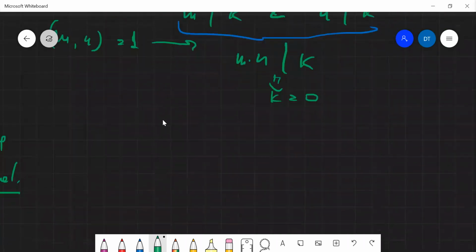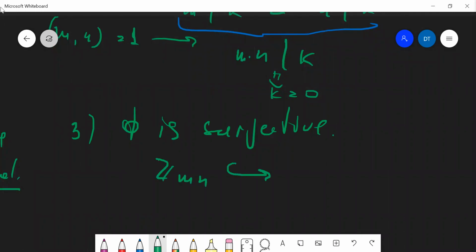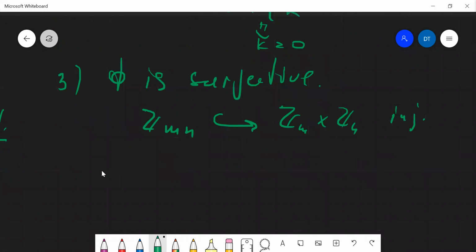Now let's check that the map is surjective. Here I want to use a trick. We have a map from Z_mn to Z_m times Z_n, which is injective. If we want to show that the map is surjective, it's sufficient to show that this set contains the same amount of elements as this set.